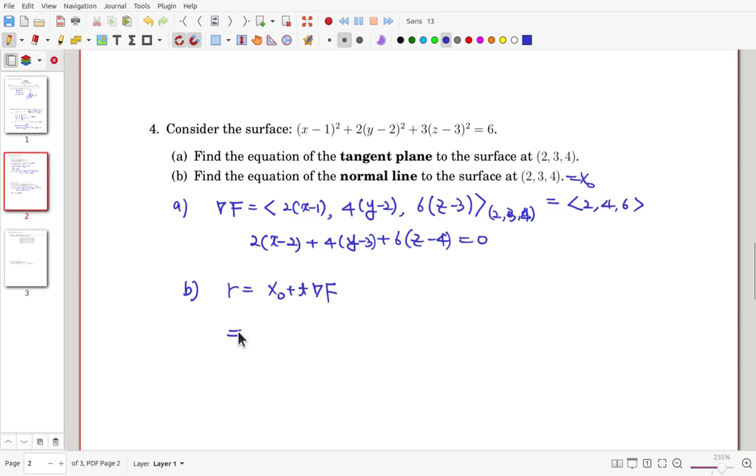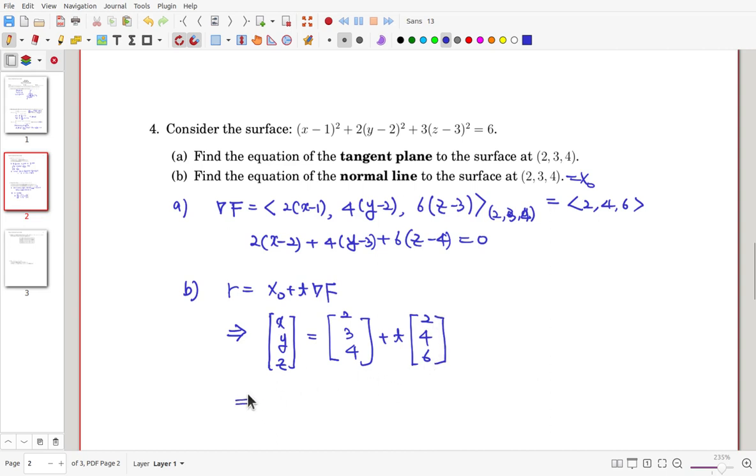And if we write this in detail, r has 3 components, x, y, z. And x is (2, 3, 4) plus t times the direction (2, 4, 6). Right?